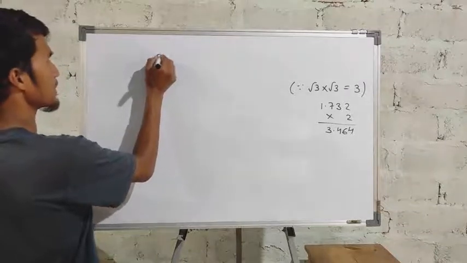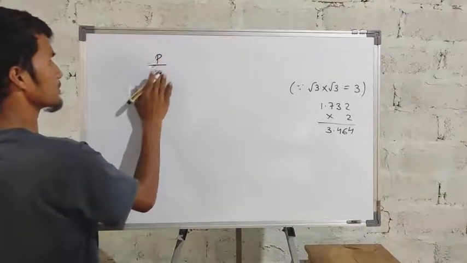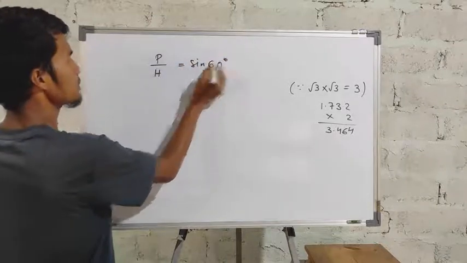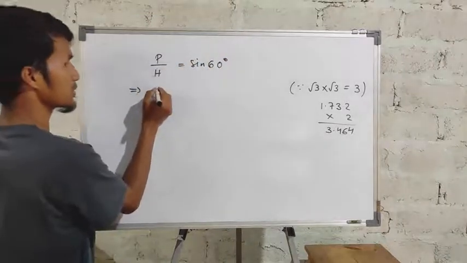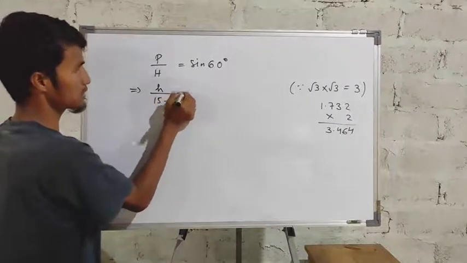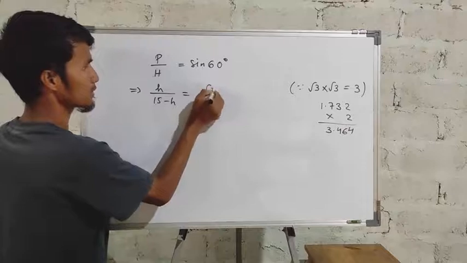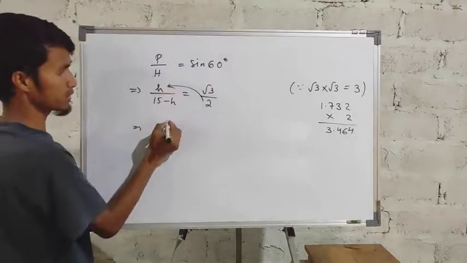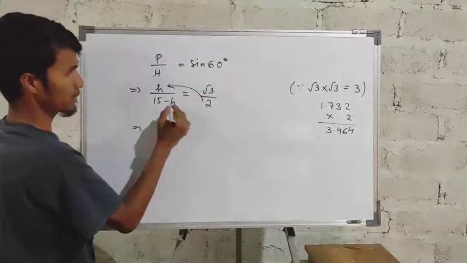Perpendicular by hypotenuse is equal to sine 60 degree. Then perpendicular is equal to h. Then hypotenuse is equal to 15 minus h, which is equal to root 3 by 2. Okay. Then 2 into h, we got here 2h.